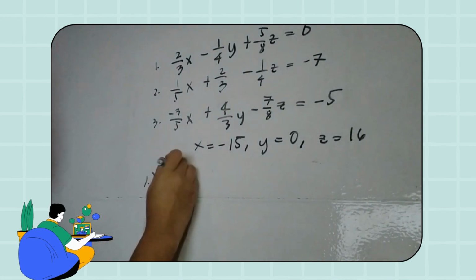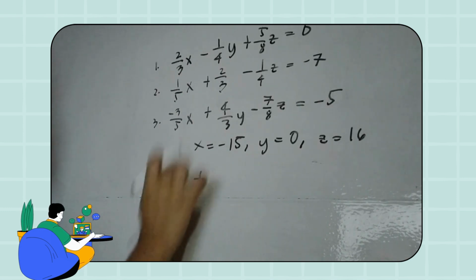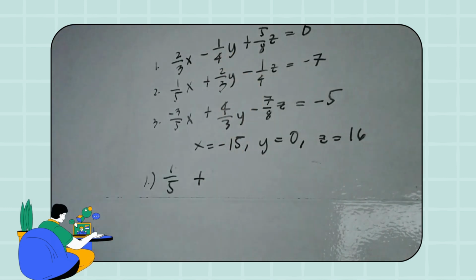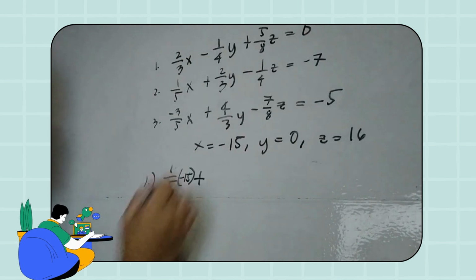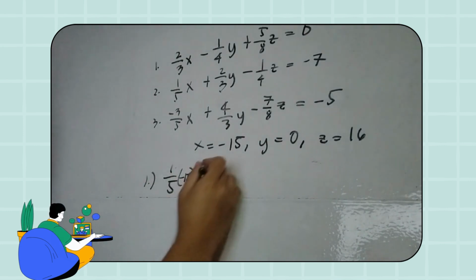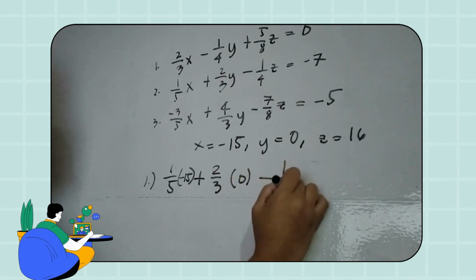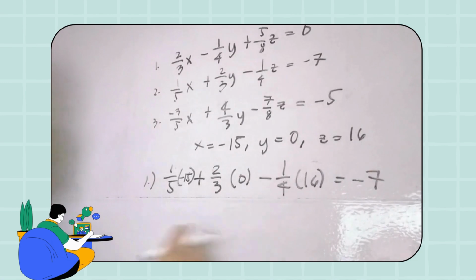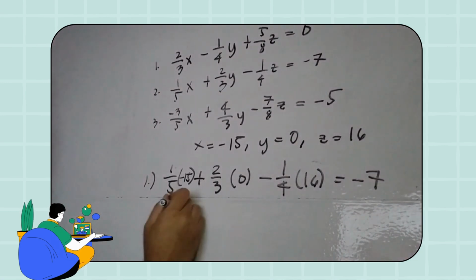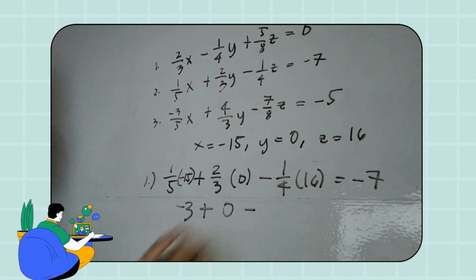Let's proceed with the second equation. 1/5 x. So for 1/5 x, we're going to substitute x with negative 15, for 2/3, 0, and for 1/4, 16, equals negative 7. 1/5 of negative 15 is negative 3. 2/3 of 0 is obviously 0.